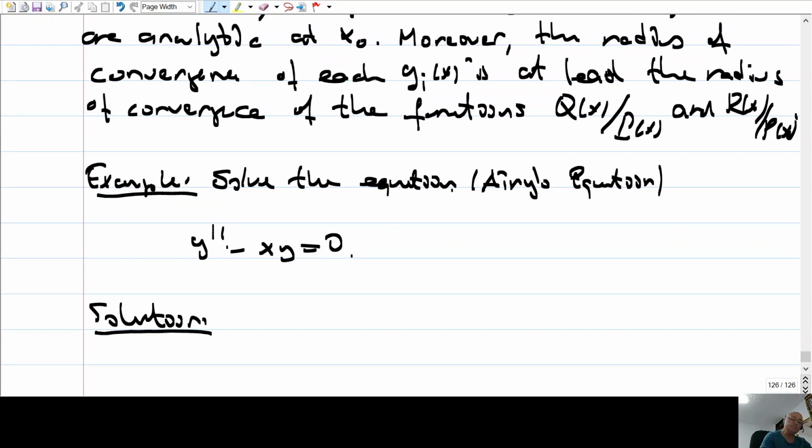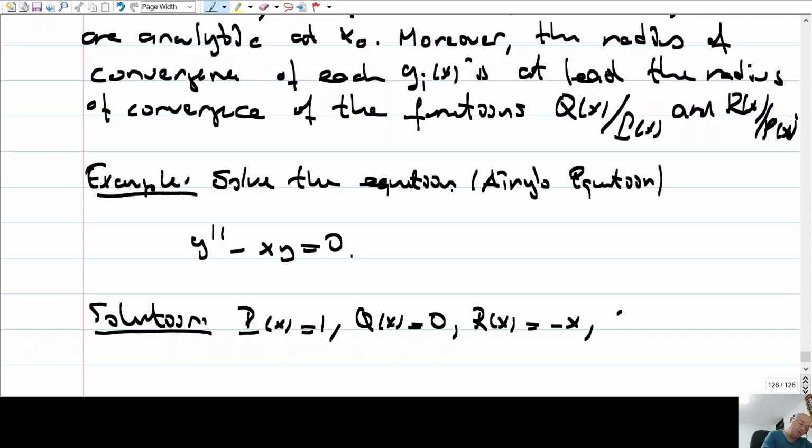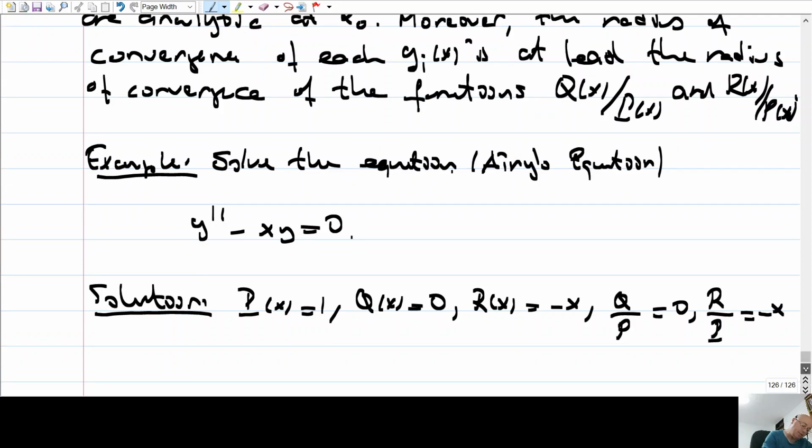If you compare this with the general form we have discussed above, px is just 1, qx is 0, the coefficient of y prime, and rx is equal to minus x. And you see q over p is just again 0, and r over p is again minus x.